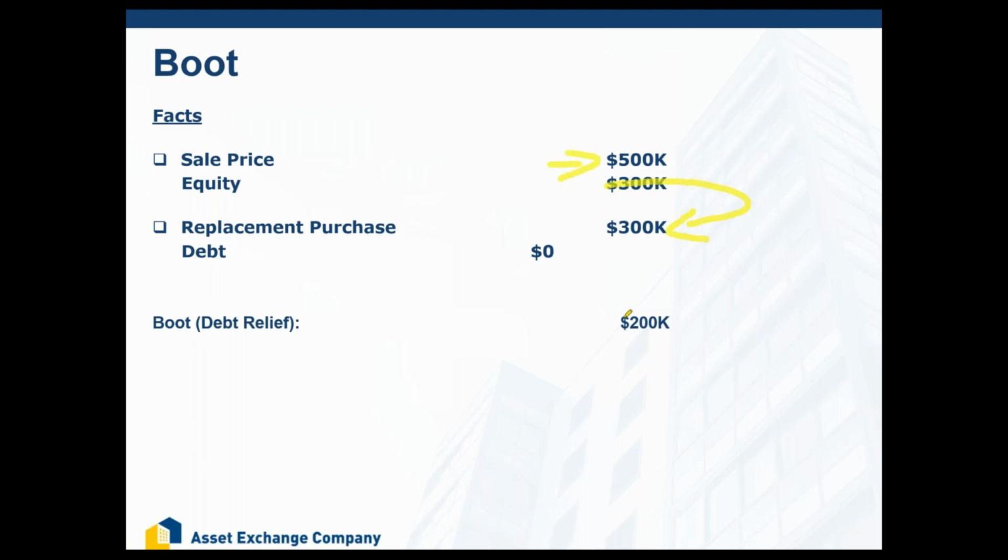So you traded down in value. The technical term here for our boot is actually debt relief because we didn't replace our debt. So what does that mean? Well, when we trade down in value and we don't replace our debt, we have debt relief, which is taxable, and your client has to write a check to the government for $66,000.